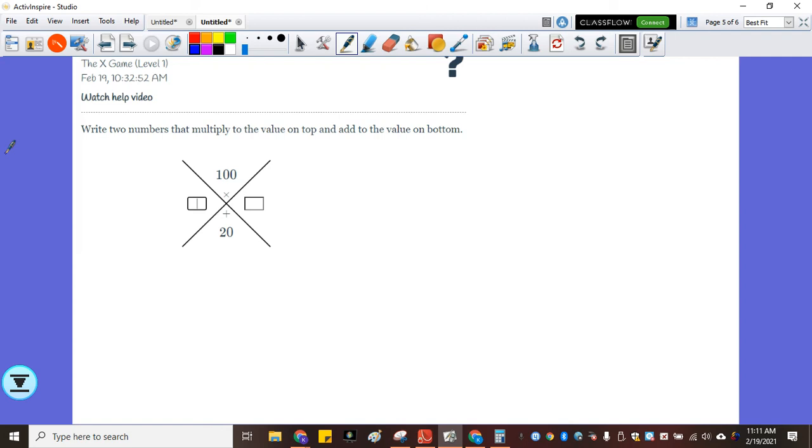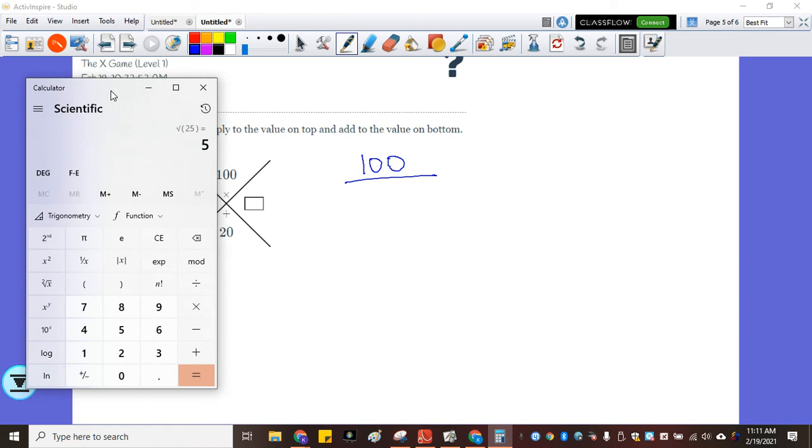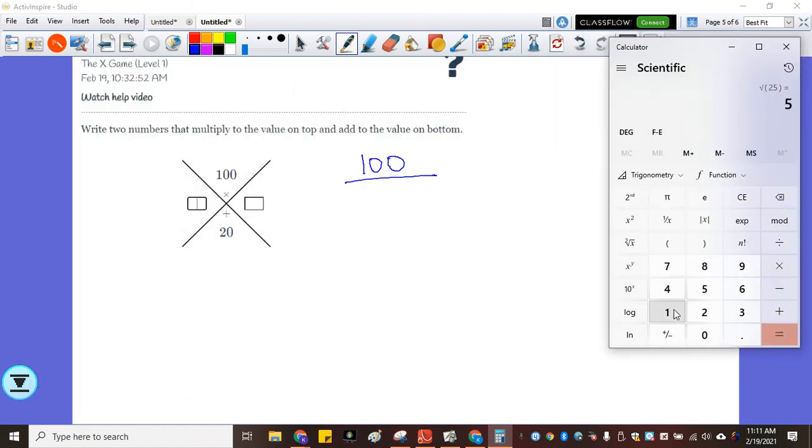You want to know what multiplies to 100 and adds to 20? I have to do multiplication. 100 divided by 1.